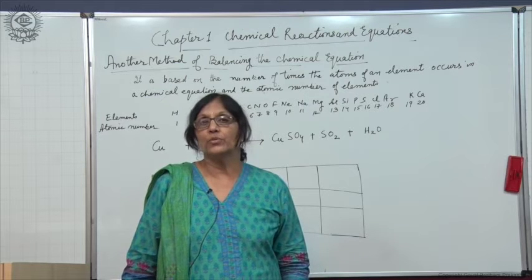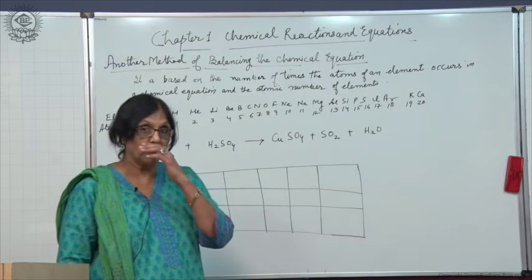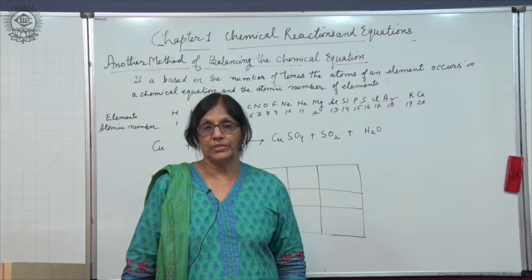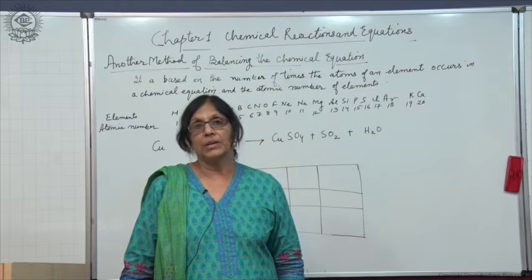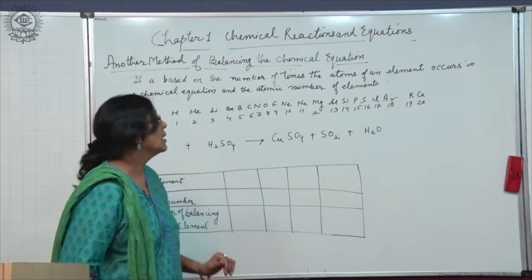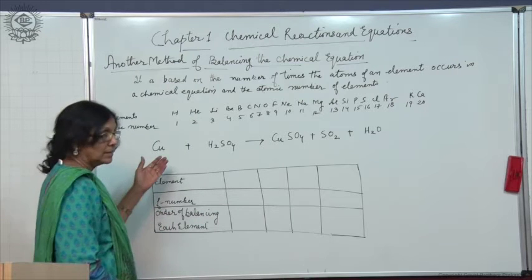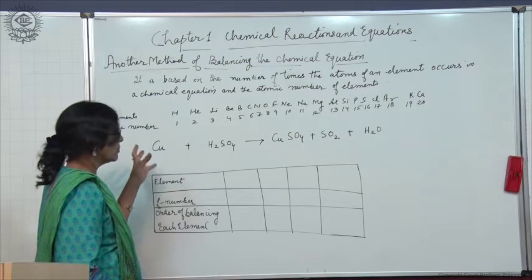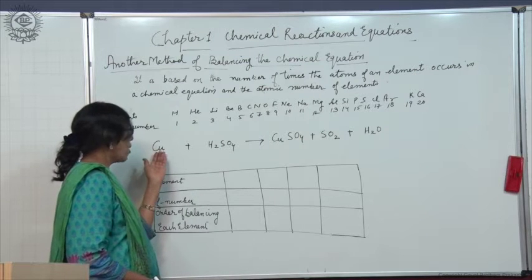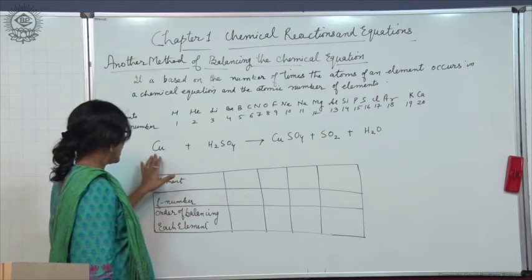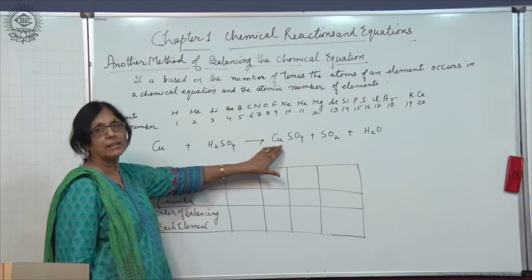Another thing you have to keep in mind is the frequency, the number of times the atoms of an element occur in the chemical equation. That is called the frequency number or F number. I will explain with the help of this: how many times, let us say, copper appears in this equation, at one place and at the second place.